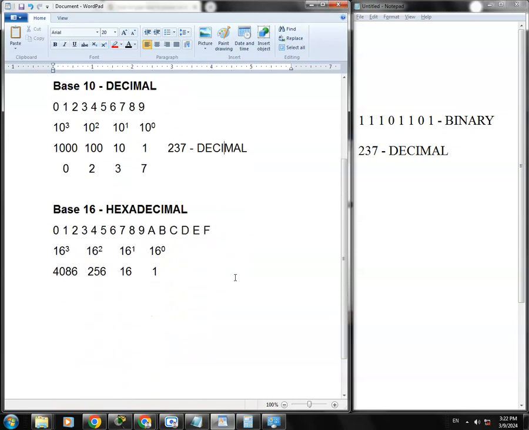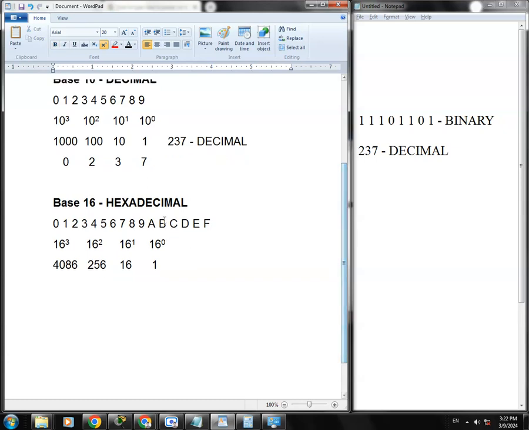Now let's convert the decimal to hexadecimal, which is base 16. How are we going to do that? Let's go in here. Do we need 4096 to complete the 237?